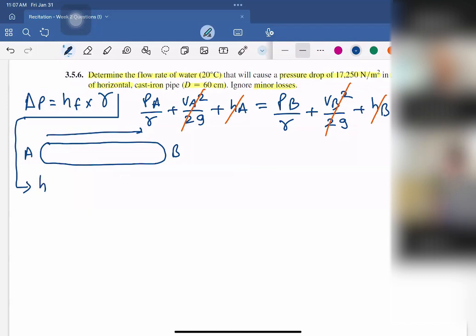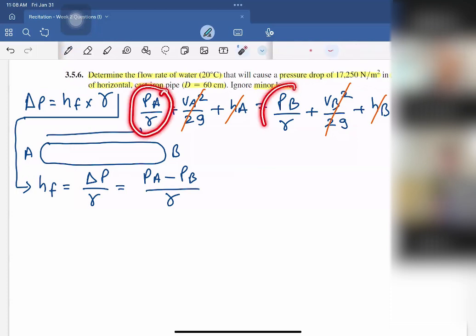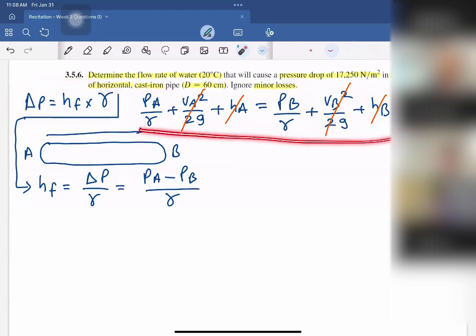If we leave head loss alone, it will be delta P over specific weight, which means PA minus PB over specific weight. As you can see, it is the same here. So this is not a fancy equation. It's just coming from this energy equation.